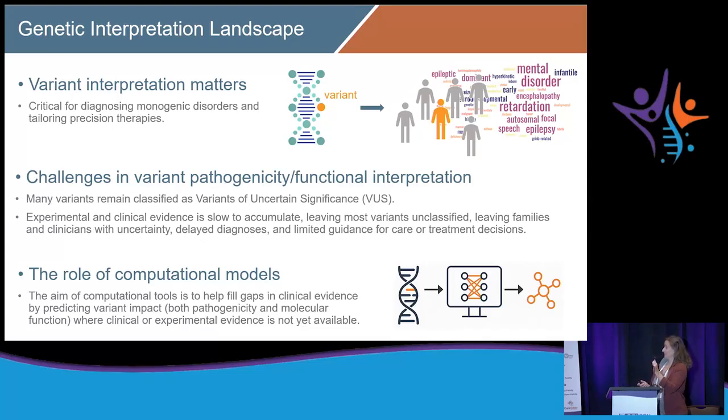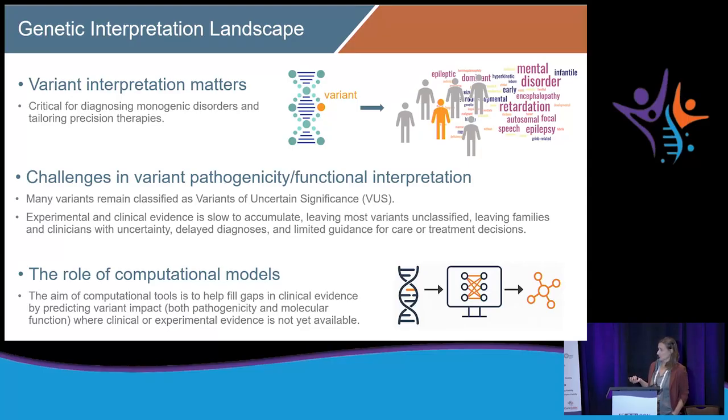So variant interpretation is critical for correct diagnosis, and also in order to target personalized therapies. The two fundamental questions we want to answer for variants are whether a variant is pathogenic, whether it can cause the disease, and if so, what molecular change the variant is going to have an effect on.